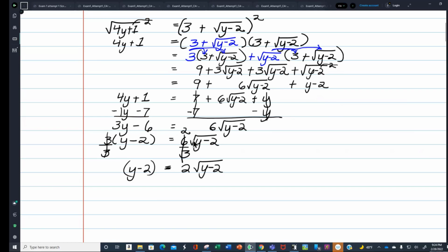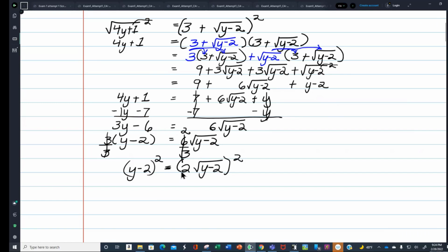Now, okay, what am I going to have to do now? I have to square both sides in order to get this radical off of y minus 2. Now, when I square the right side of the equation, I am not only squaring the square root, I'm squaring the 2.